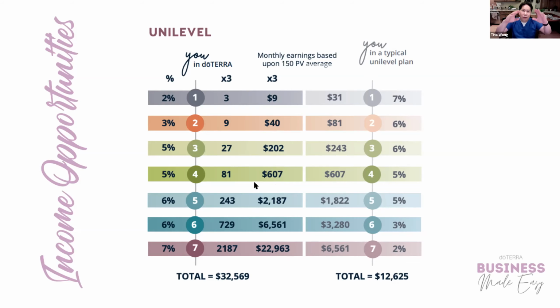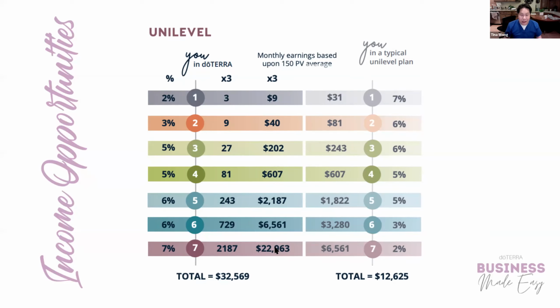Because as you develop leaders who are enrolling people, your business team is actually bigger and has more people the further down you get. And you're getting a higher percentage of a unilevel or residual income where there are actually more people in your business, okay?